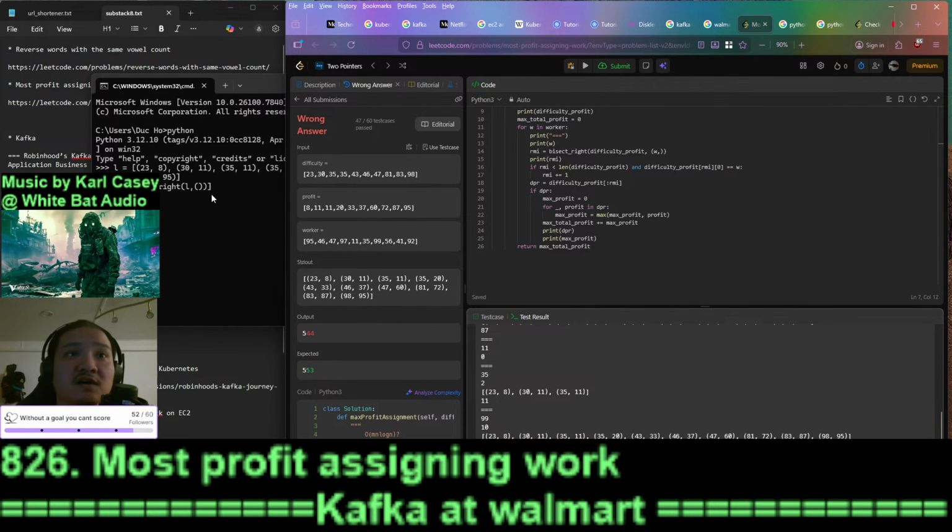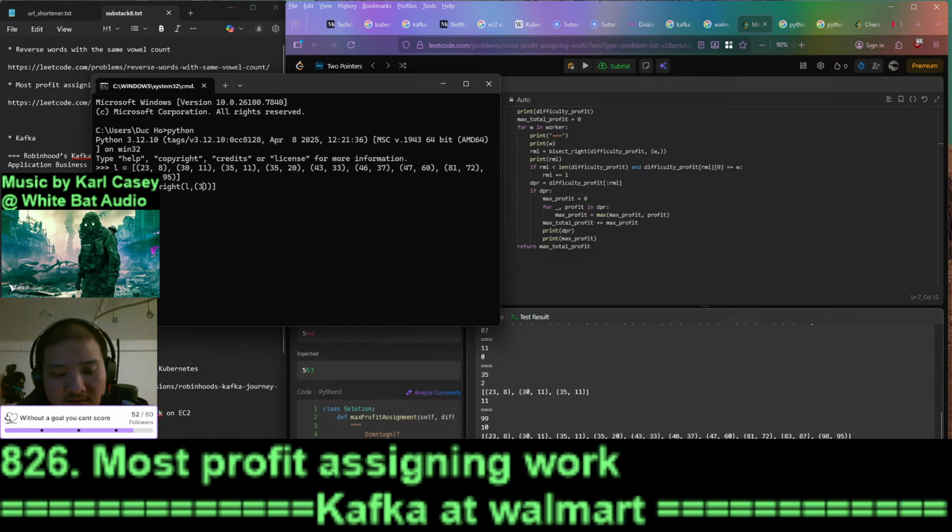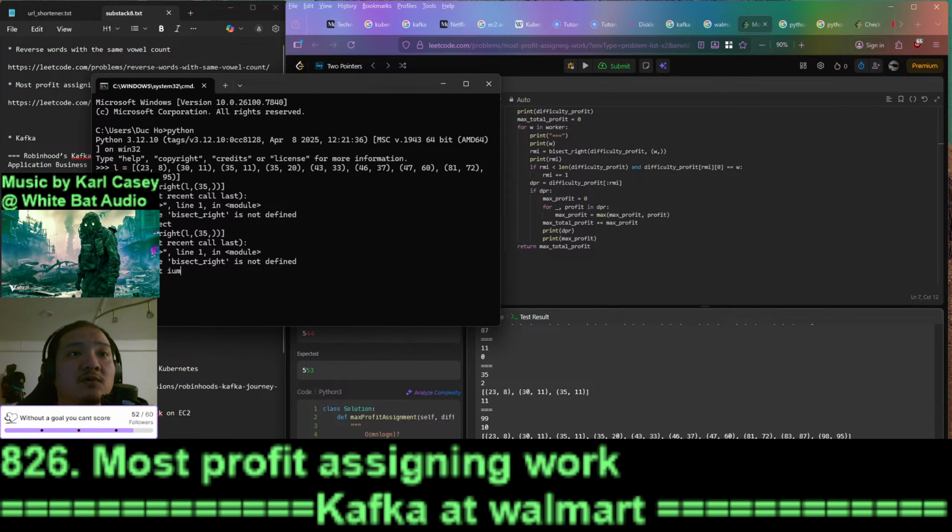We want to find 35, right? Oh, what? From bisect import bisect right.